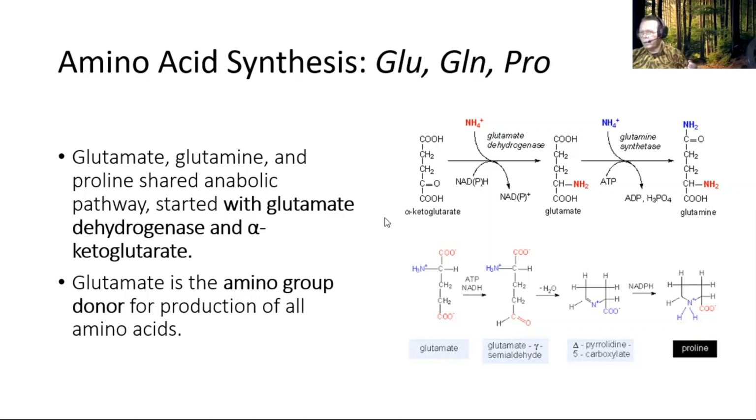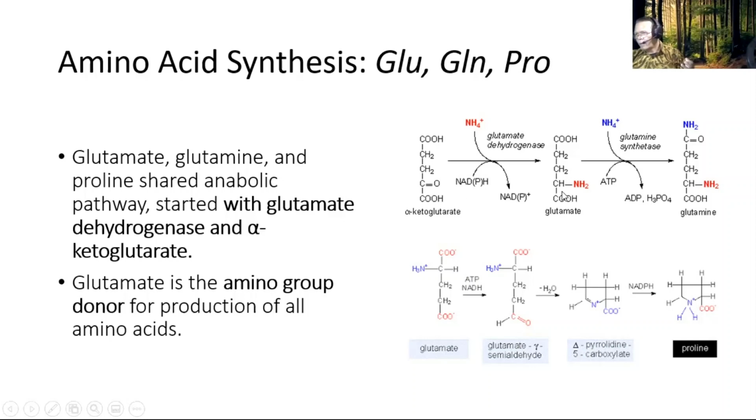See this one? Alpha-ketoglutarate will convert into glutamate by oxidizing this one. This is also a chemical energy.